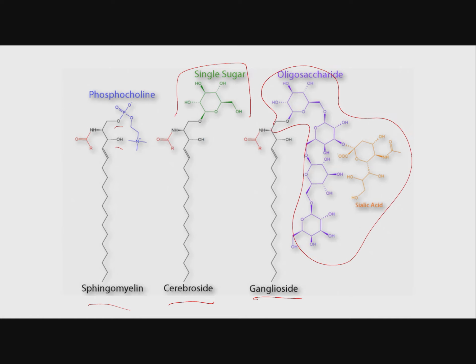Okay, so these complex sphingolipids play roles in cellular recognition and signaling. Sphingolipids are found most abundantly in the plasma membrane, and are almost completely absent from mitochondrial and endoplasmic reticulum membranes. So not anywhere on the insides of cells, just on the outsides. I don't mean the outside leaf of the cell membrane.